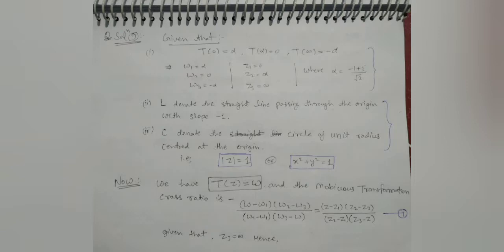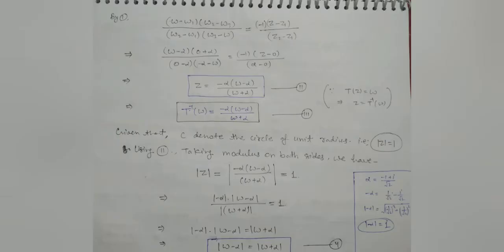Now we have T of Z is equal to W, and the Mobius transformation is (W minus W1) into (W2 minus W3) upon (W2 minus W1) into (W3 minus W) is equal to (Z minus Z1) into (Z2 minus Z3) upon (Z2 minus Z1) into (Z3 minus Z), given that Z3 is equal to infinity.